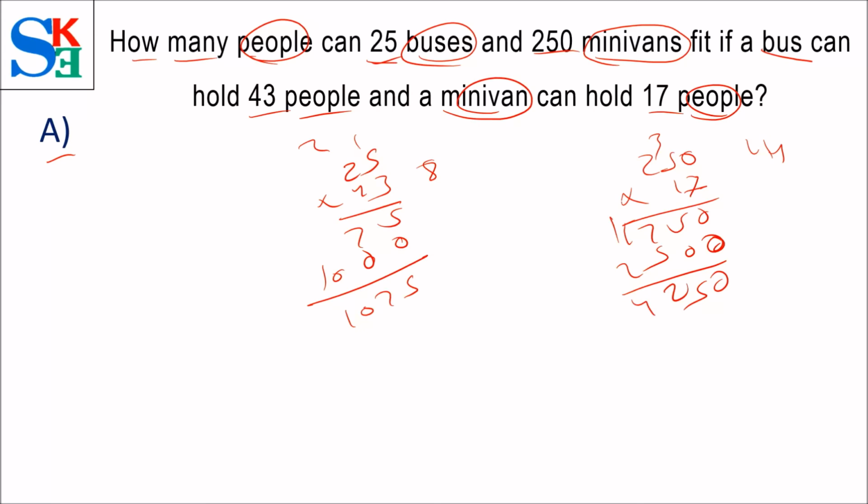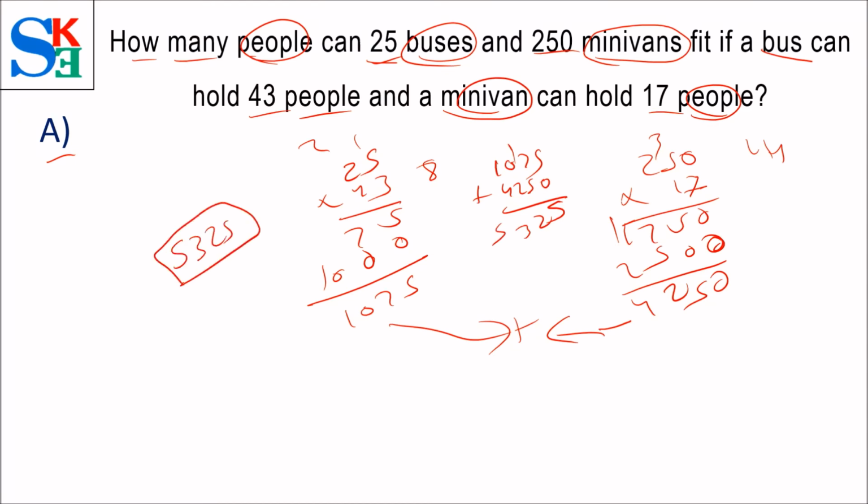So my answer is 4250 and 1075. Okay, add them together. 1075 add 4250. 5325. That is our answer.